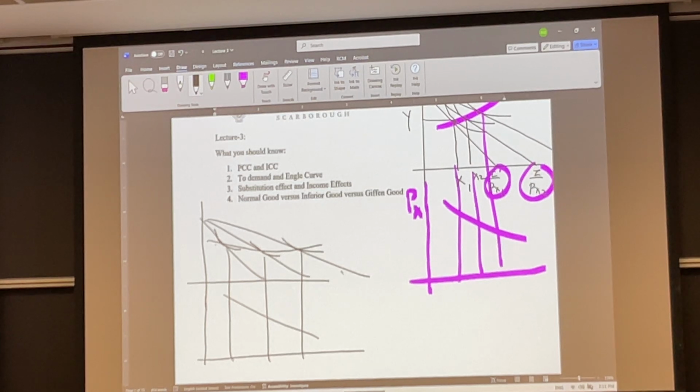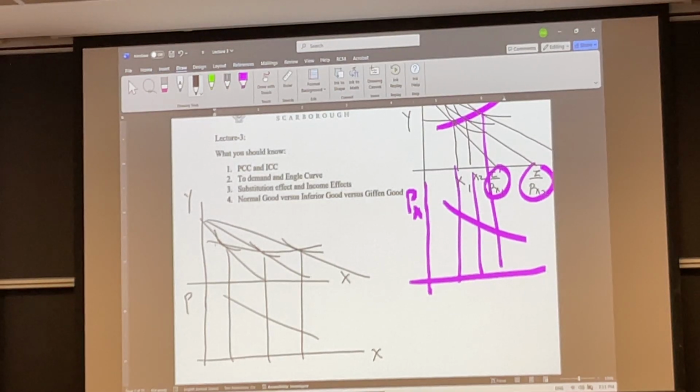Still, when the price falls, you buy more, but the PCC in this case is downward sloping because this individual views X and Y as substitutes. So the shape of the PCC just indicates how these two goods are viewed, not the demand itself. In all cases, you get downward sloping demand.